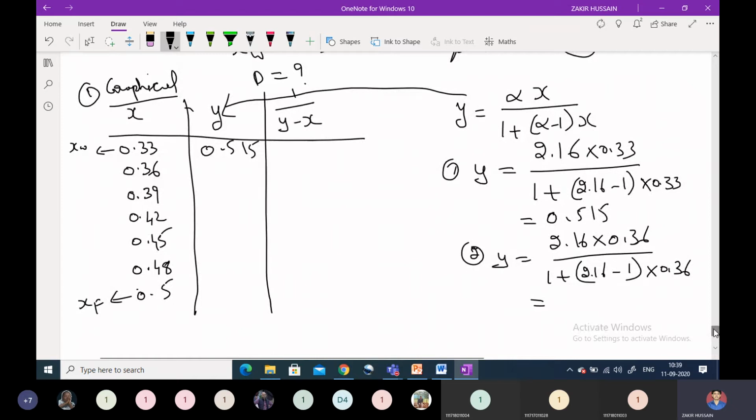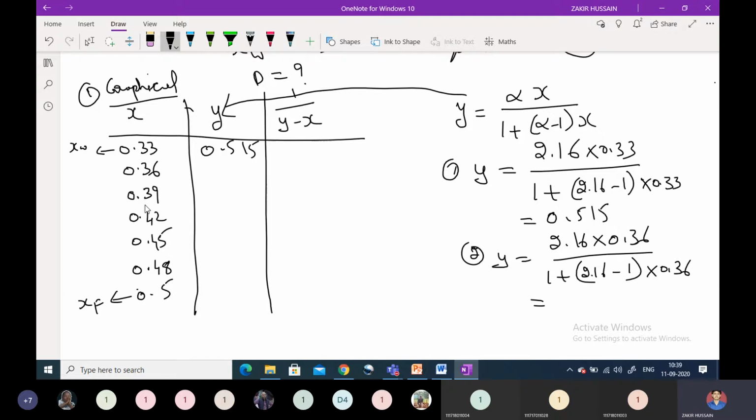To solve this graphically, between 0.33, the residue composition, and the feed composition of benzene, 0.5, we need to divide the range equally. We take 0.33 initially as given, which is xW, and xF is 0.5 as given in the problem.